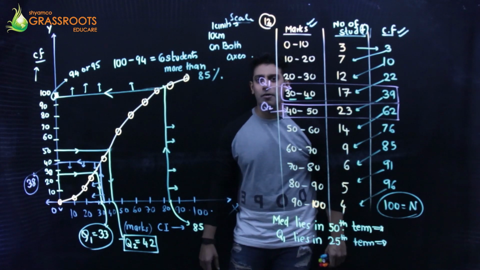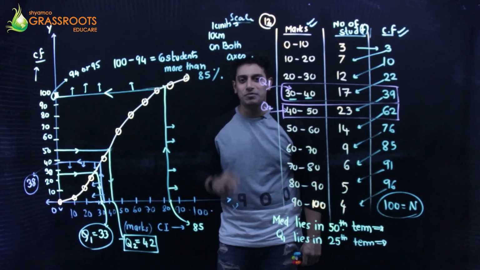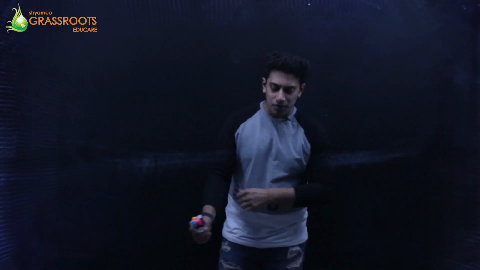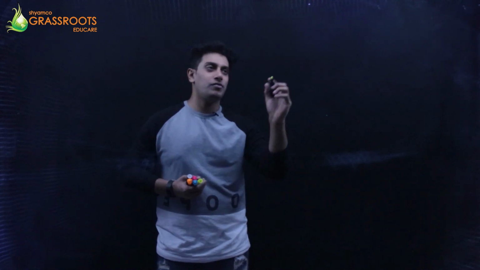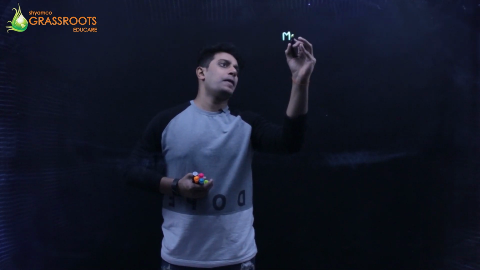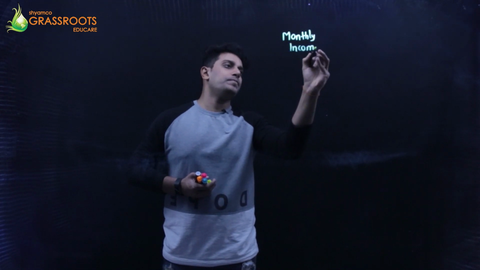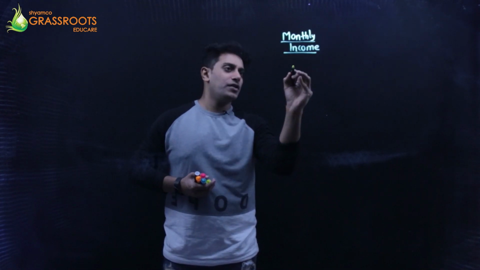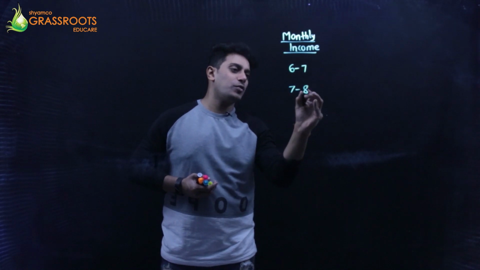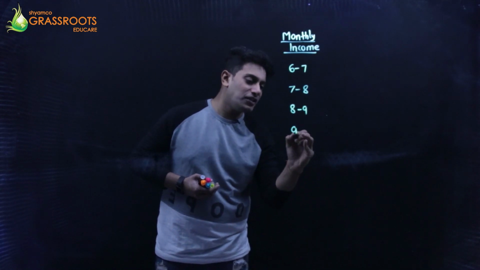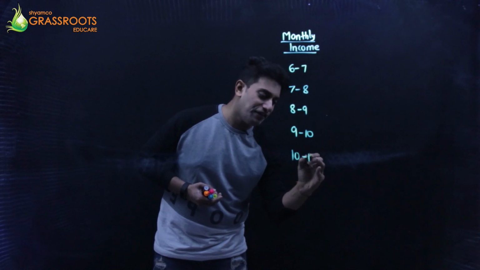We're going to talk about the last 2 more questions from the chapter. Alright, students. Talking about the monthly income in thousands: 6 to 7,000, 7 to 8,000, 8 to 9, 9 to 10, 10 to 11 and 11 to 12.